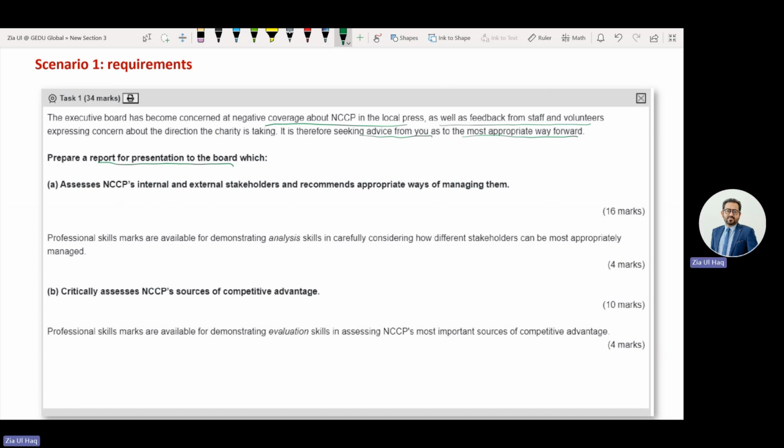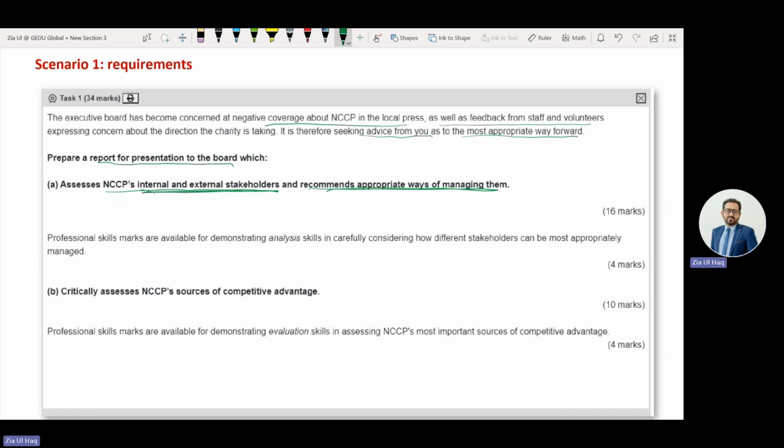So you need to prepare a report for presentation to the board which assesses NCCP's internal and external stakeholders and recommends an appropriate way of managing them. This is a similar requirement.